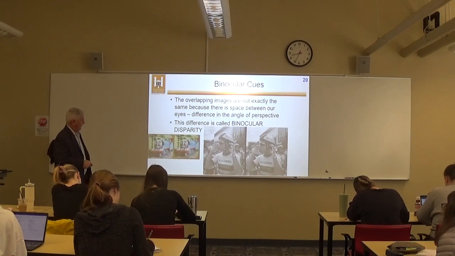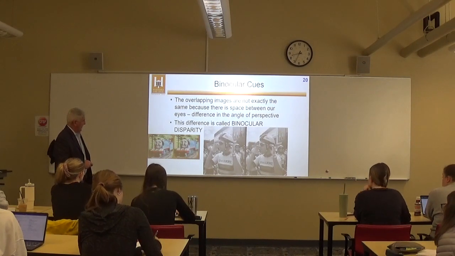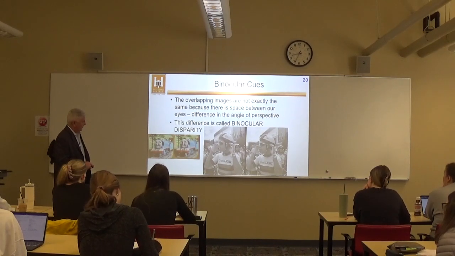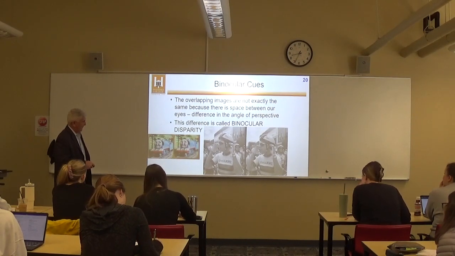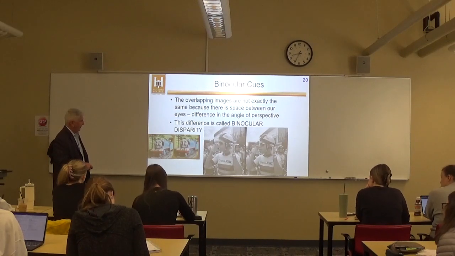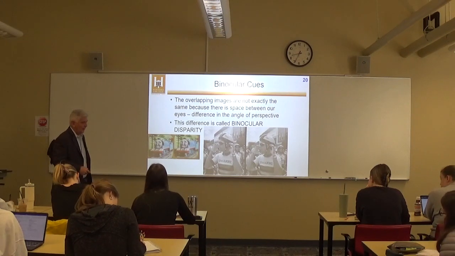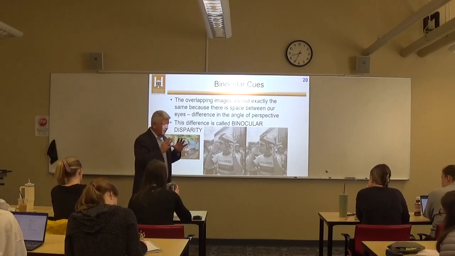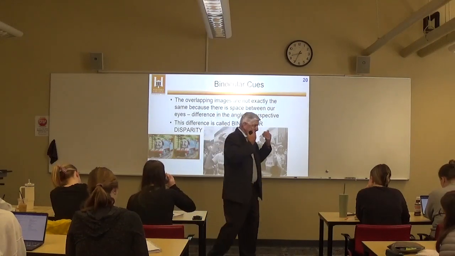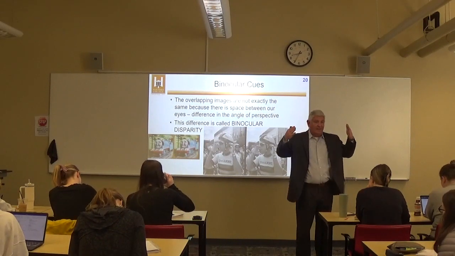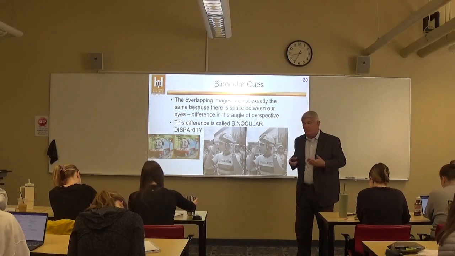So again, here are the two images, right? This one does not include this telephone pole as much. Here, you can see it's not a lot, just a little bit. It's including it there, right? And there are slightly different things back here, right? Our brain reads those cues as, hey, this is a three-dimensional thing because I'm seeing it from two different angles.